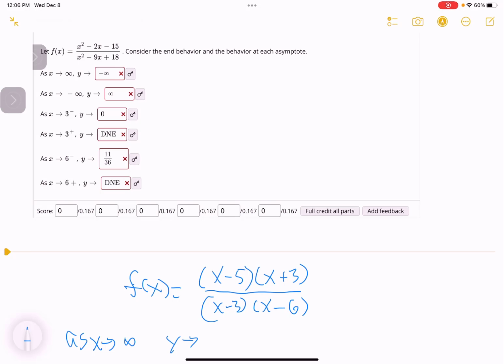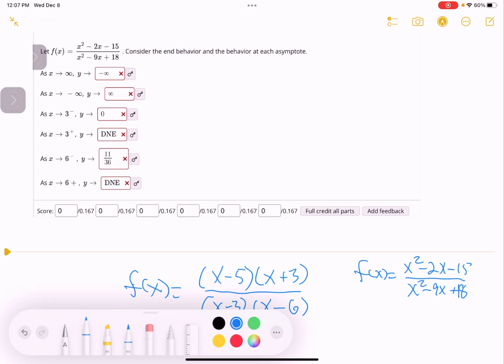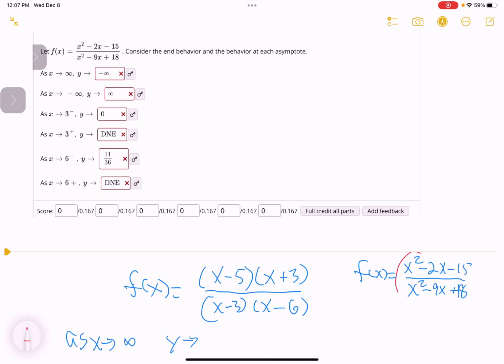Y goes to what? Well, if you look, we have f of x equals x squared minus 2x minus 15 over x squared minus 9x plus 18. What is important to focus on here is your leading coefficients and leading terms. They're both x squared.